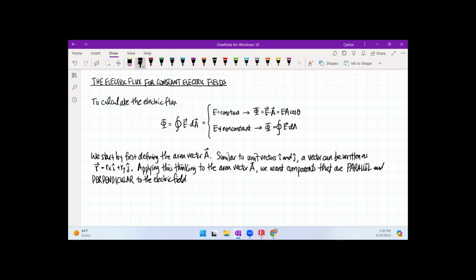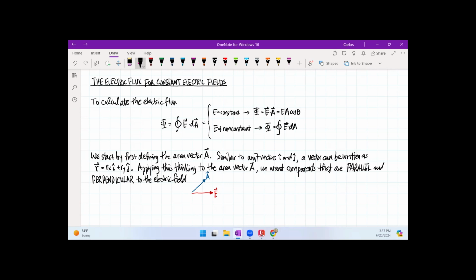So in other words, when I'm thinking about an electric field, picture-wise, I imagine that I have a field that's coming, let's say, straight like this. So if I'm looking at a dot product between these two, then I have to imagine that I have an A vector that's looking like this.